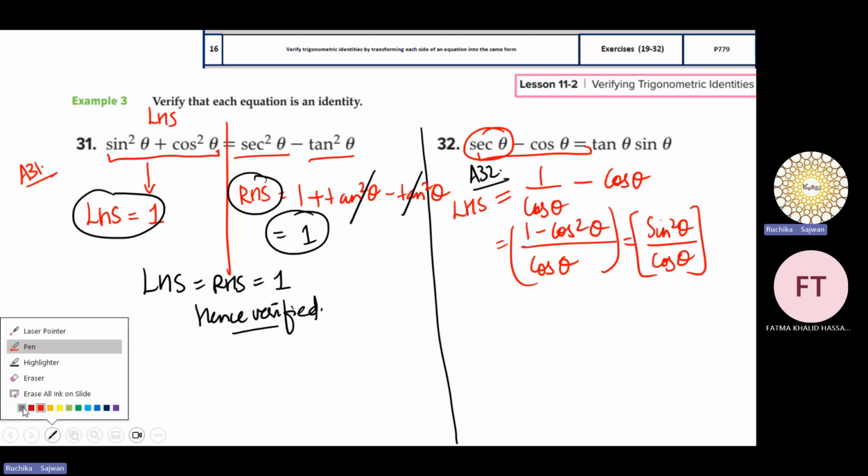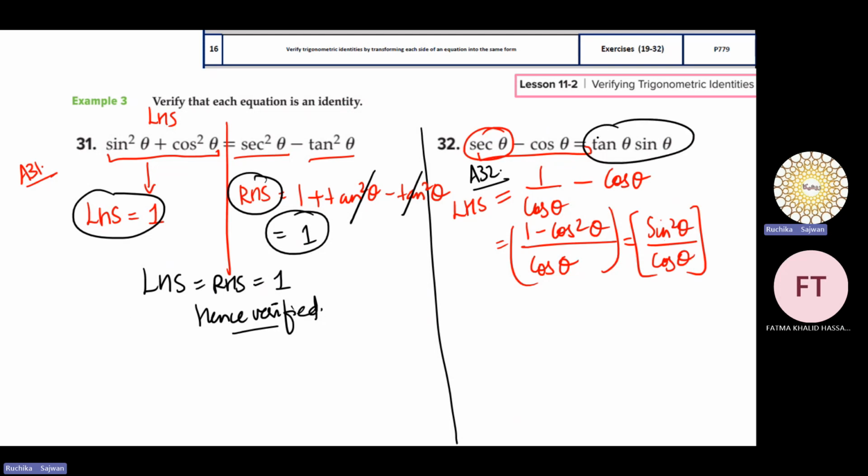Now, till now, it is not equal to the right side. So let me begin with the right side now, and maybe I will get something similar. So tan can be written as sine theta over cos theta. I'm using the quotient identity and I'm multiplying it with sine theta. So I hope you are able to now very clearly see that both sides have come out to be equal.